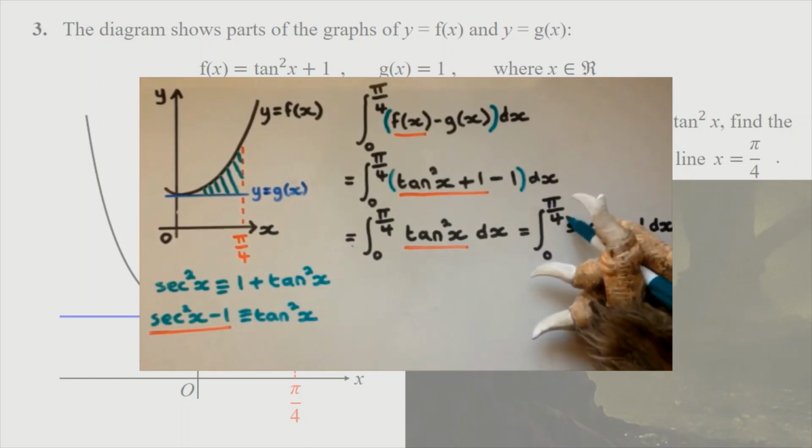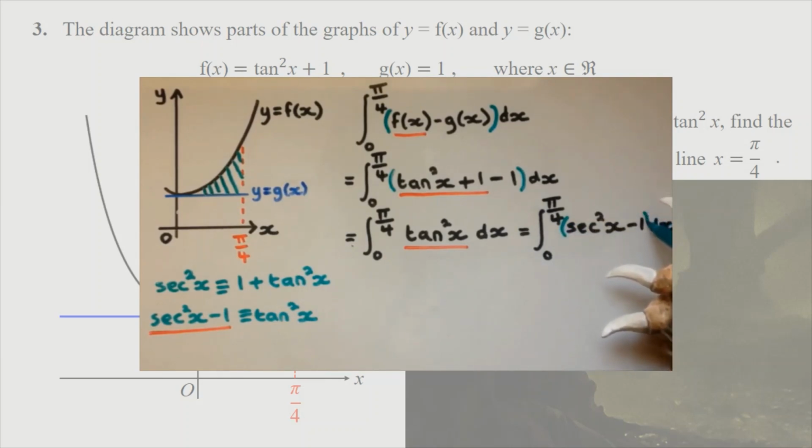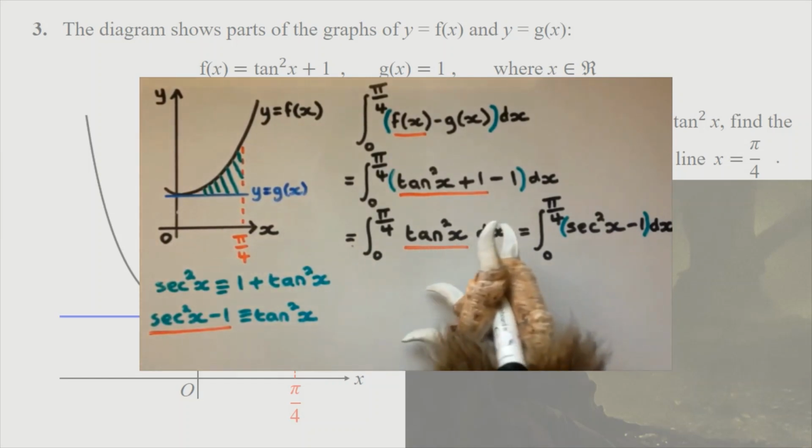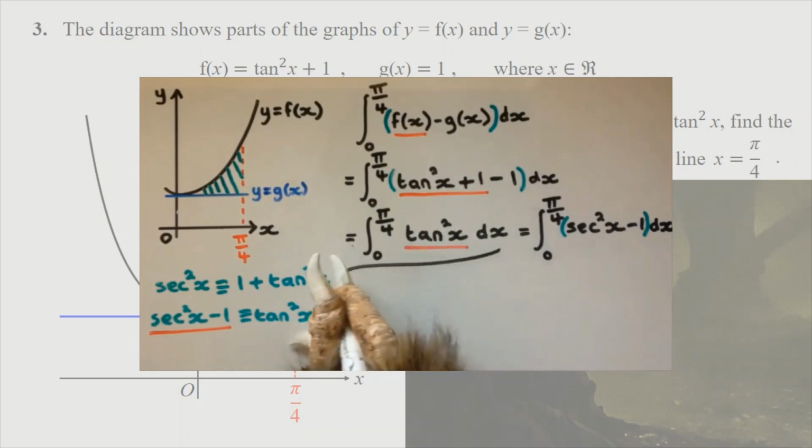So now we're ready to integrate. So if you remember, sec squared is a standard integral, and 1 is also a standard integral. It's very straightforward from last year. So I'm going to drag my equal sign across, and so going all the way down here.